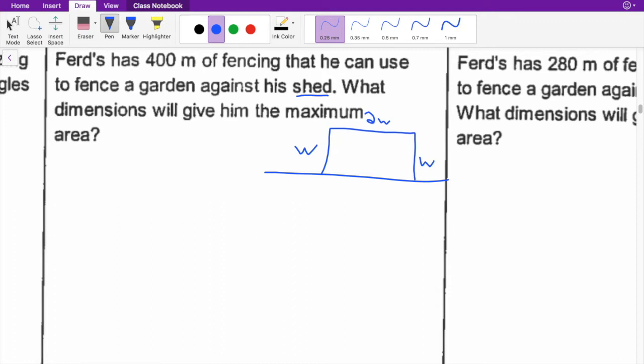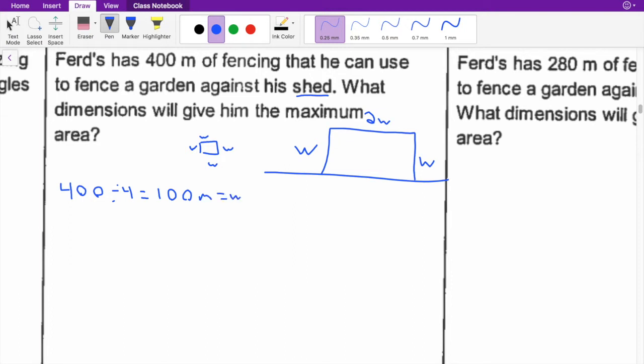So what's the maximum dimension that goes to the maximum area? So let's find out what one width is, right? So if we were creating a box, we would have a W, a W, a W, and a W, 4 widths. So we can take that 400, and if we were making a box, we would divide it by 4, which is going to equal 100. Which tells me if I was making a box, one width would be 100 meters.